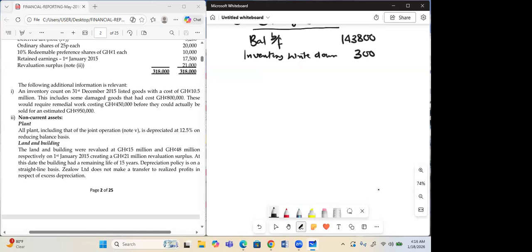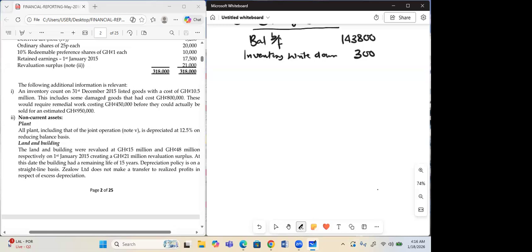At this date, the building had a remaining useful life of 15 years. Depreciation policy is on straight line basis. Zero Limited does not make a transfer to realize profits in respect of excess depreciation. So the question is talking about depreciation, right? Yes. So you go to working number 3.